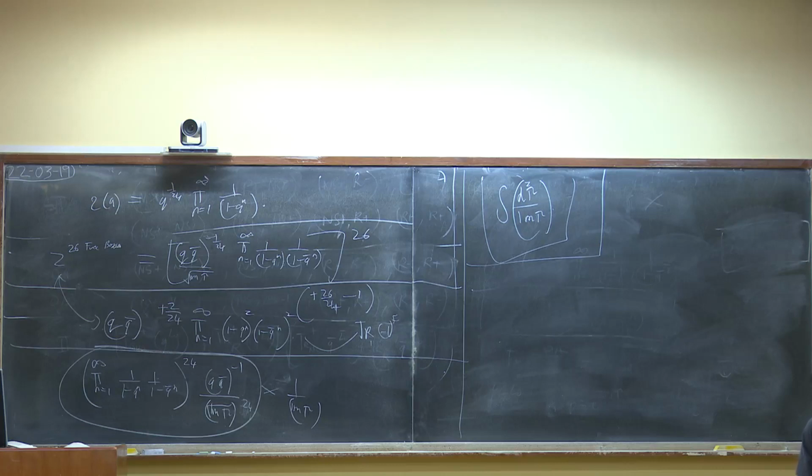Now, this is going to be dealt with in the following way. Sort of like the B and C insertions projected onto particular states, the B and C insertions dealt with the zero mode part.